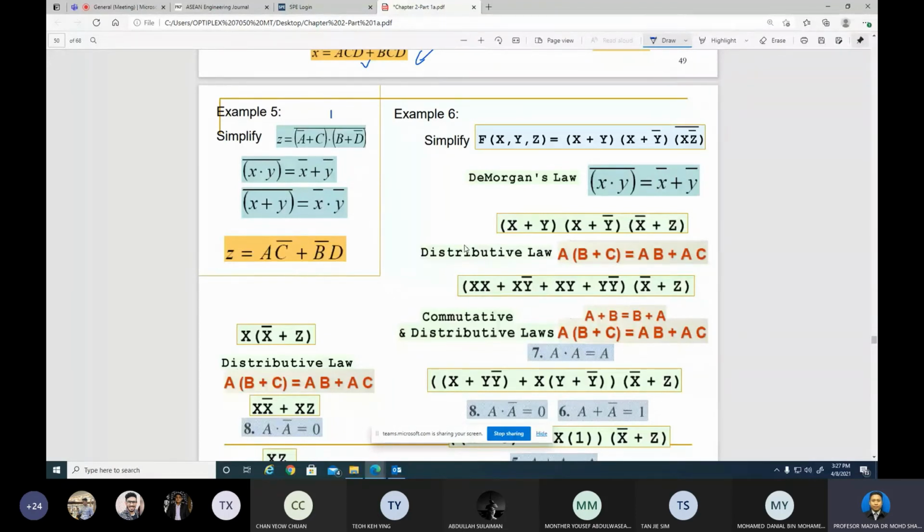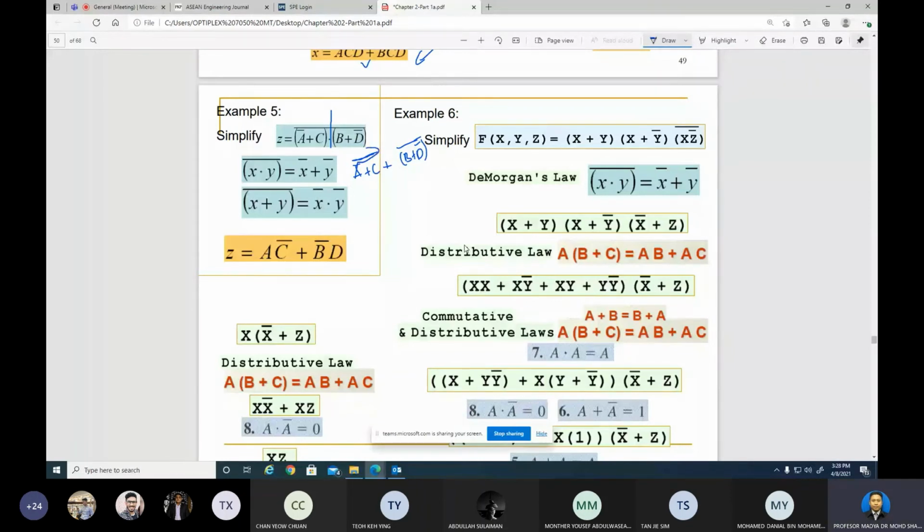So we have to break here: A plus C bar, bar. This one becomes multiplication, and plus becomes B plus D bar here. So this is De Morgan. Next, you can see this part.